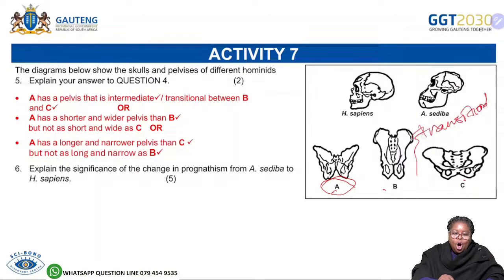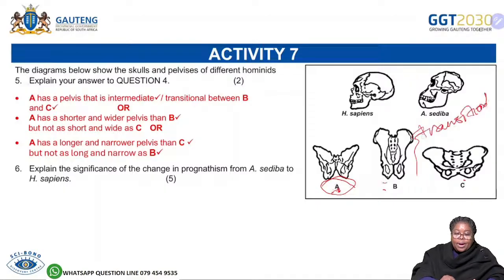Or you can say A has a shorter and wider pelvis than B. Do you agree? Yes. That's what you can observe. A has a shorter and wider pelvis than B. This is true.